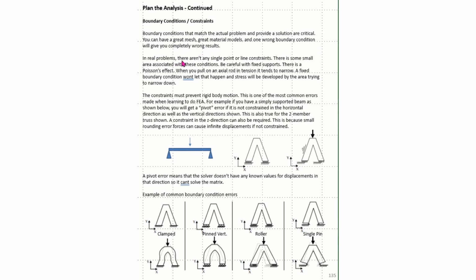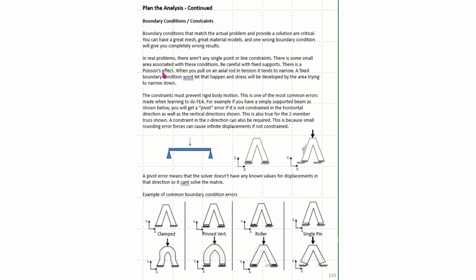In real problems, there aren't any single point or line constraints. These are theoretical developments that are used in finite element analysis. There is some small area associated with these conditions in real problems, so be careful with fixed supports.